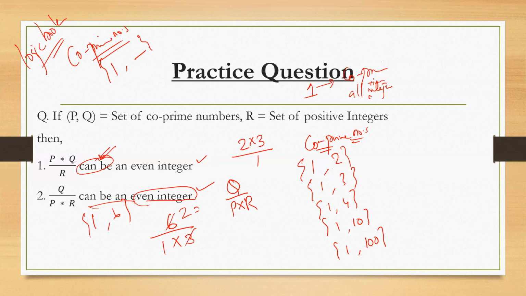Can you use same number for P and R? Yes, definitely. Why not? P is any number, R is another number, R is an integer. You can use, no problem.